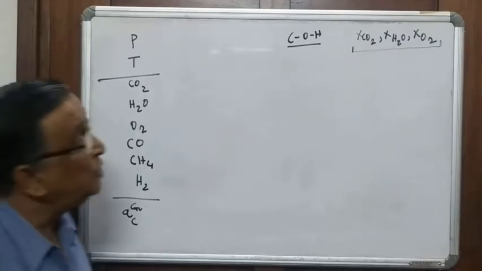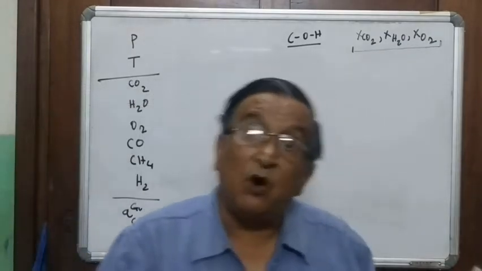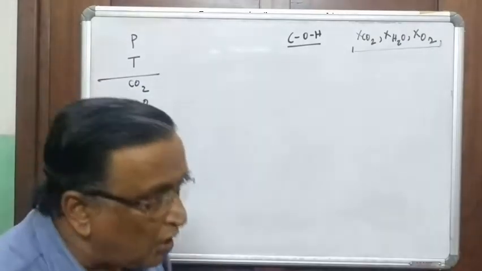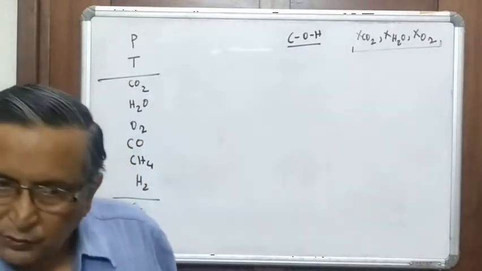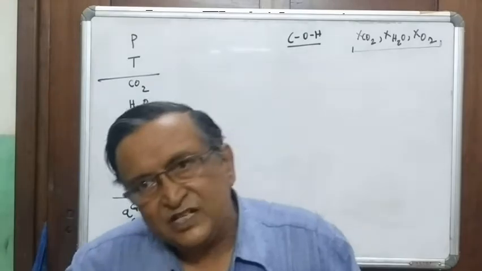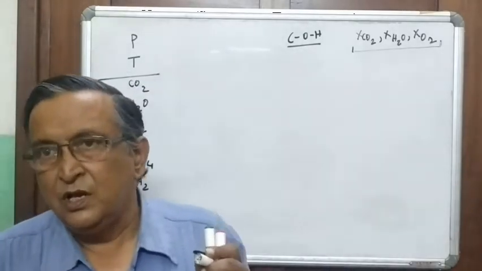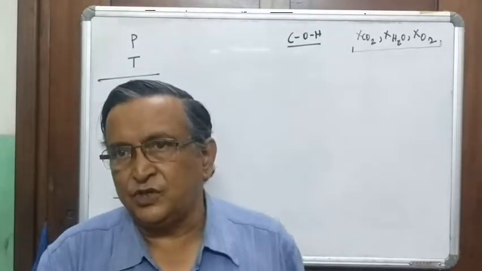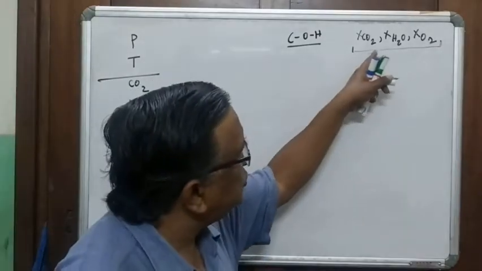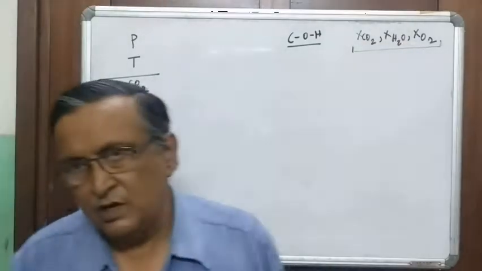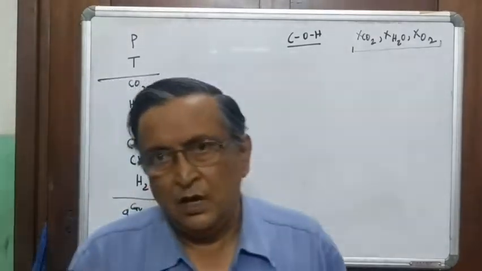And that too, this is almost the maximum. Normally you can find out 2 out of 3. 3 out of 3 would require very special assemblages. Very, very special assemblages can give you independently values of XCO2, XH2O, and XO2. Very difficult.